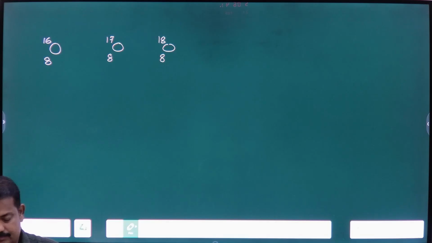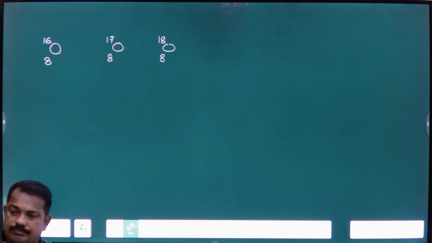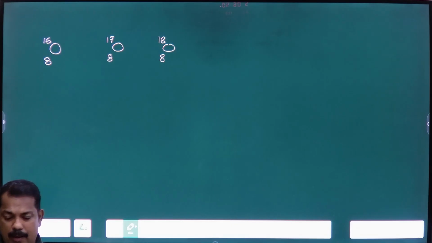Next question. What are the applications of isotopes? The first one.